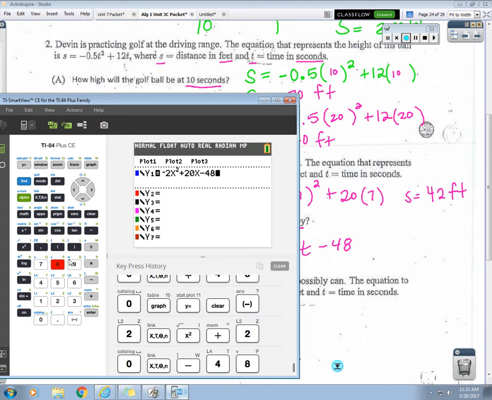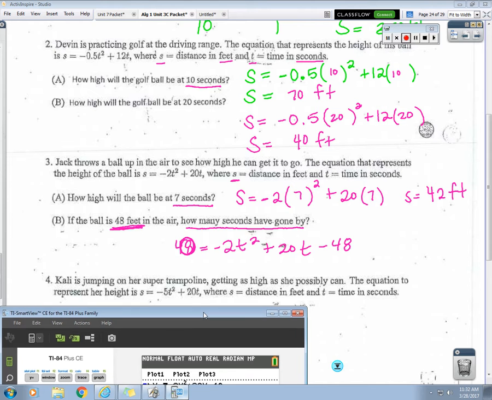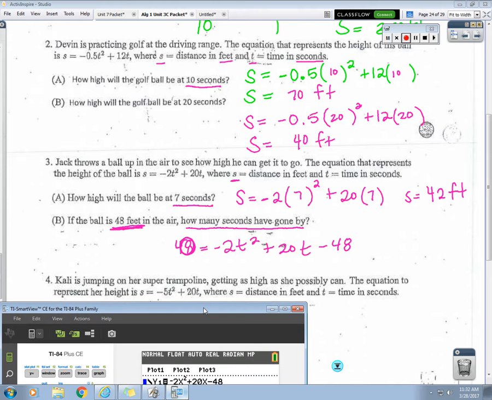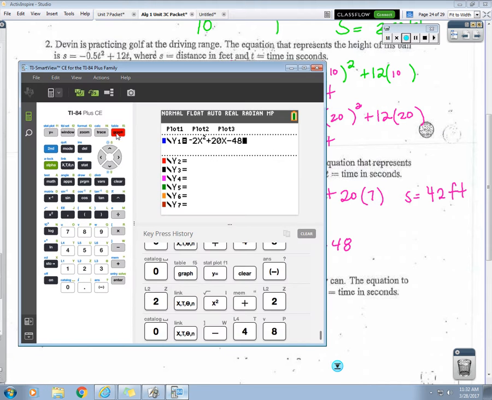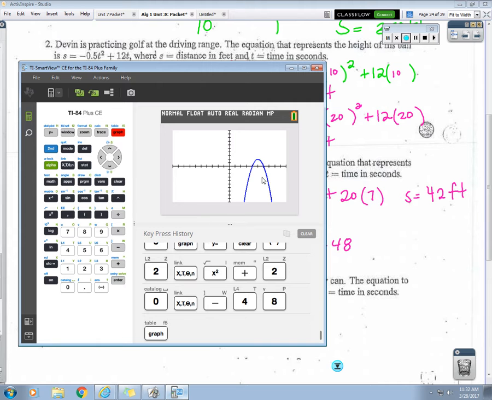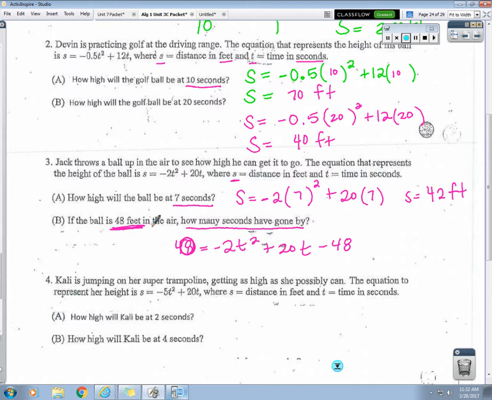So when you type it in after you've moved the 48 to the other side so that everything's on the other side and you graph it, don't you see that it crosses through at 4 and 6? Well, if it's at 48 feet, how could you have two different answers for time?